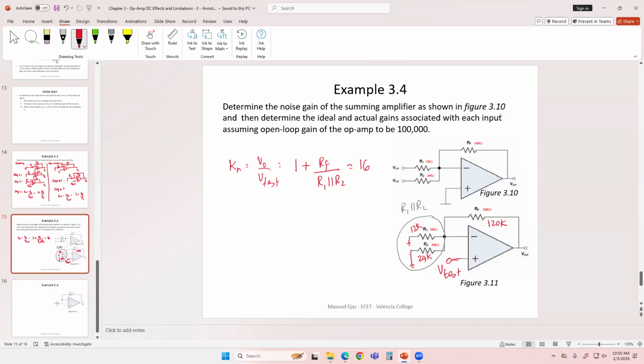Okay, the next step is to calculate the ideal and actual gains associated with each input. So V out over V1, and V out over V2.